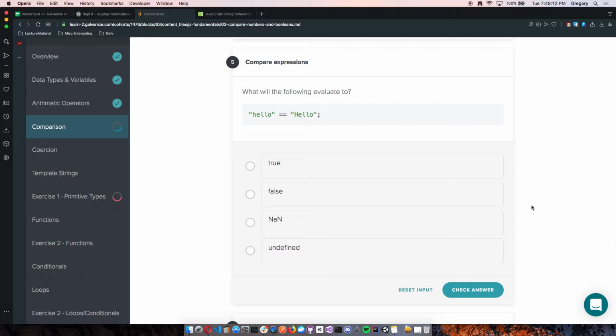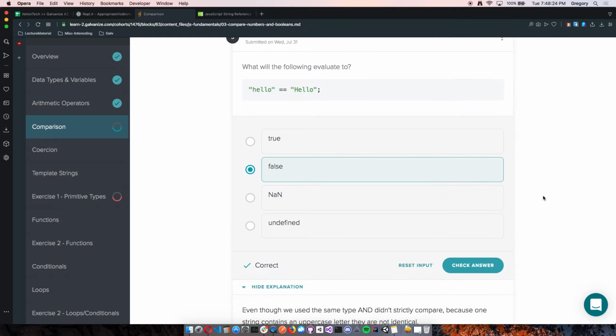Teaching me. All right, well, how about this one? This is a tricky one, because we're comparing the value, not the data type. If we were comparing the data type, this would still be false because the value is not the same, but we're comparing the values.